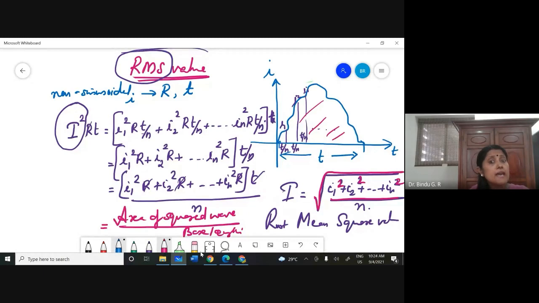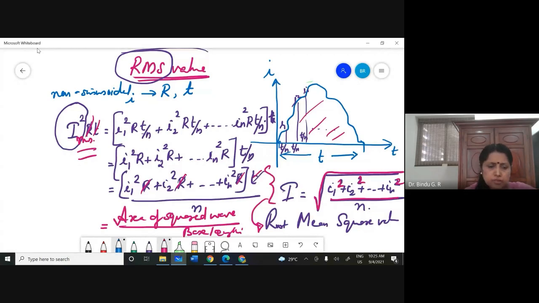Here, you will be taking the area of the squared waveform. I hope this derivation is clear to you. It's simple, not much of a problem. What we are dealing with is IRMS, and this is where you get the name, root of the mean of the square.